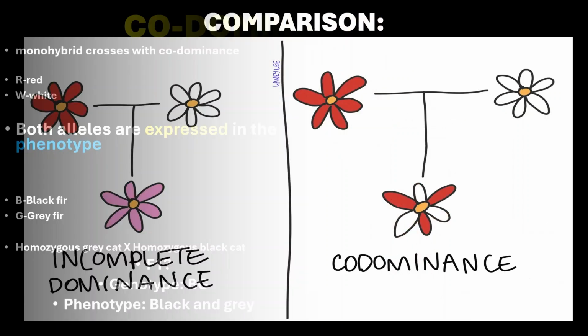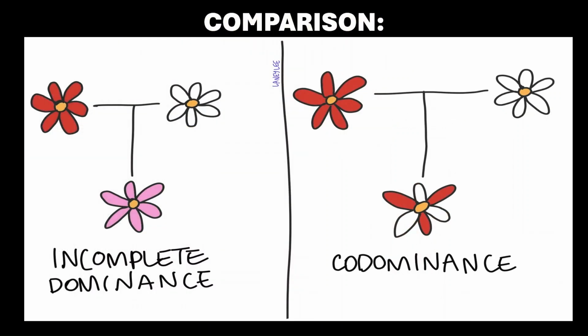Okay, so let's compare the two types of dominance. We have incomplete dominance, which is a type of dominance where neither allele is dominant over the other, and there's a perfect blend in the phenotype. So you mix red and white perfectly, you get pink. On the other hand, with codominance, you have two alleles and both are equally expressed.